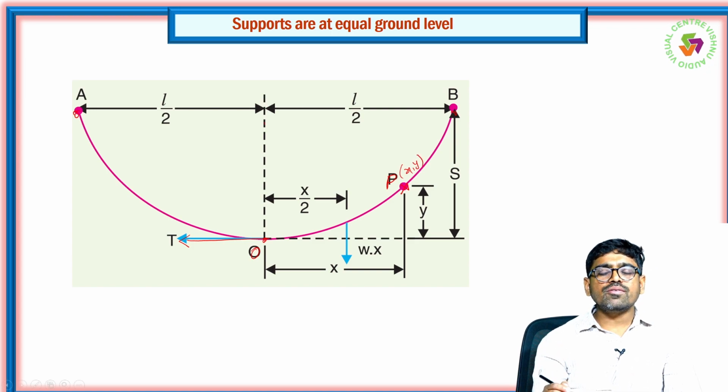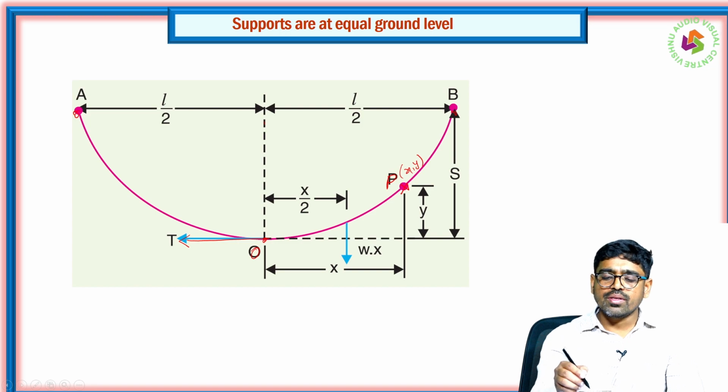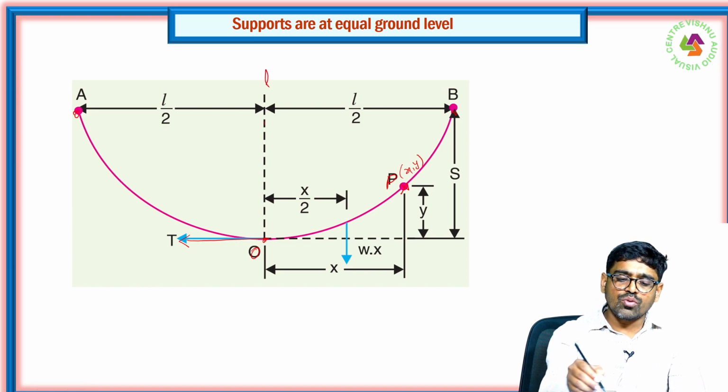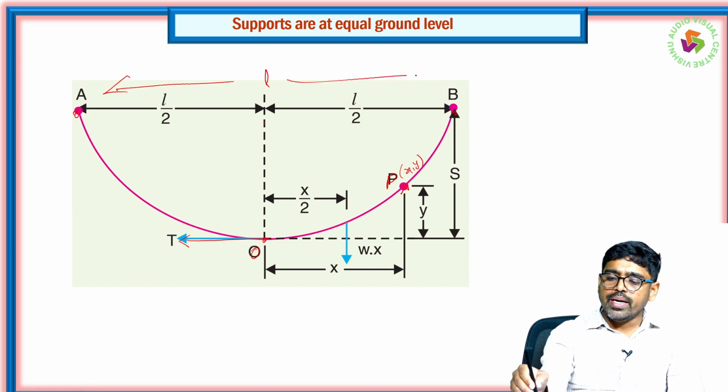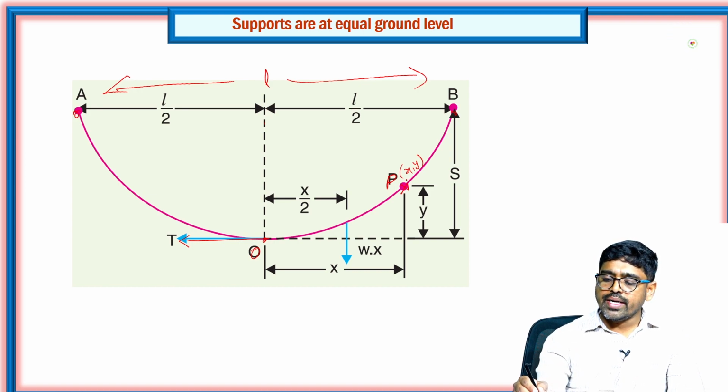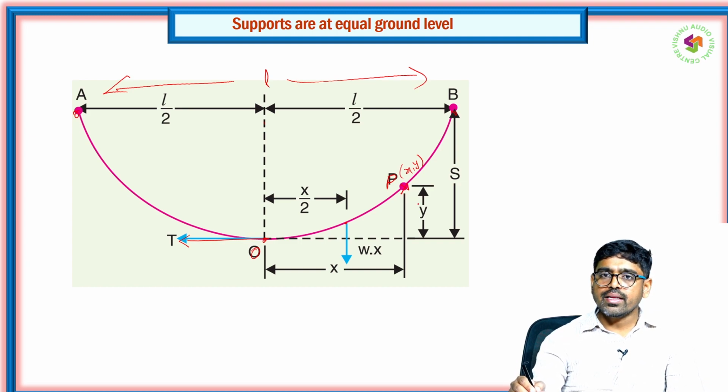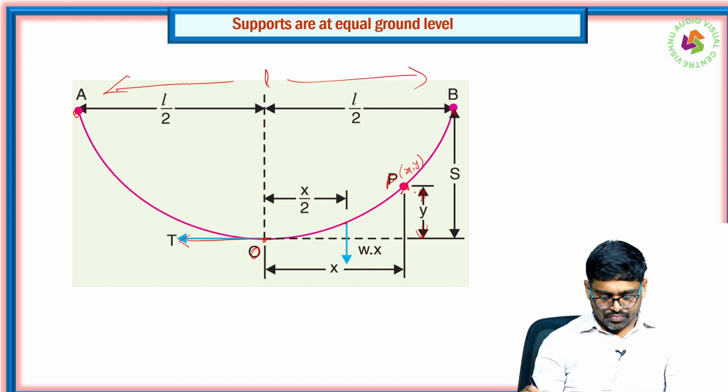At the midpoint we get the lowest point, so L is the total span and L by 2 is up to this point. Taking the point x, y, the sag is this vertical distance, so y is the sag here at the arbitrary point.